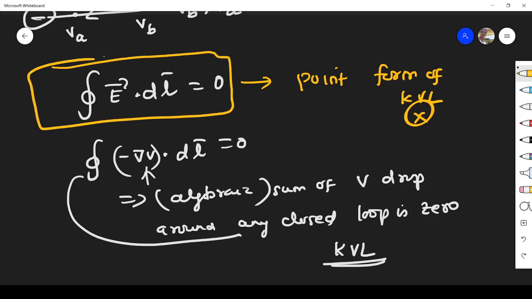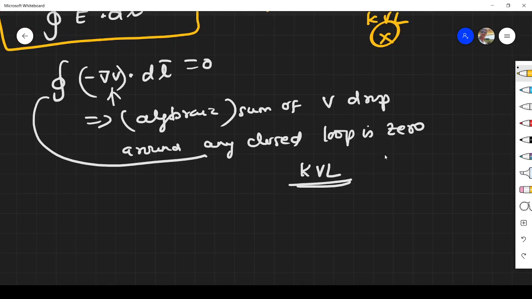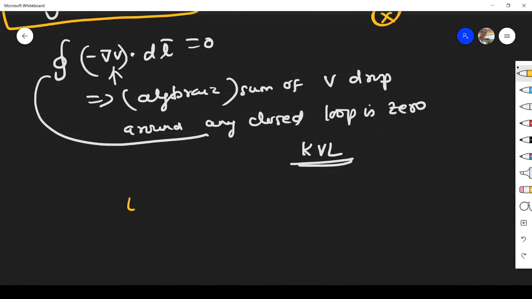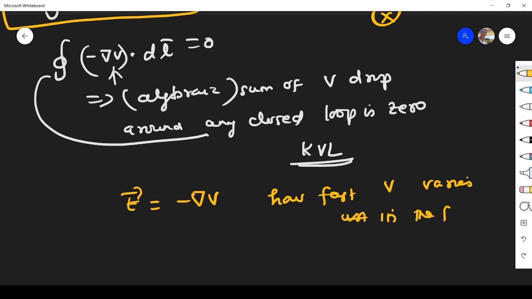Okay. So electric field goes in the direction of decreasing potential, right? So next, E is equal to minus del V is saying how fast potential varies with respect to position in the field, right? Because del is telling the rate of change of potential in the field.